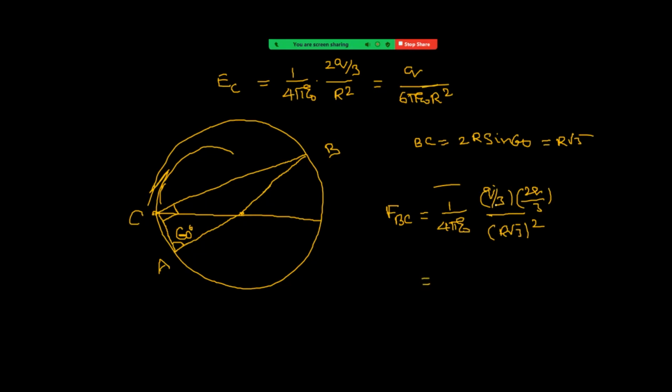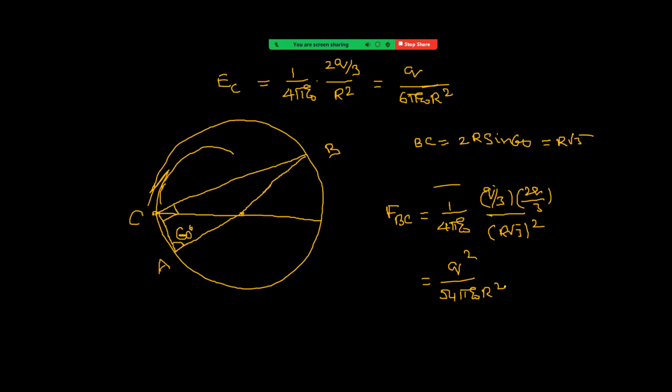Then see how much we get: 1, 2 here, 2 times. Next Q square, this is 9 and here it is 9, 27. 27 to 54. So it is now Q square by 54 pi epsilon naught r square.